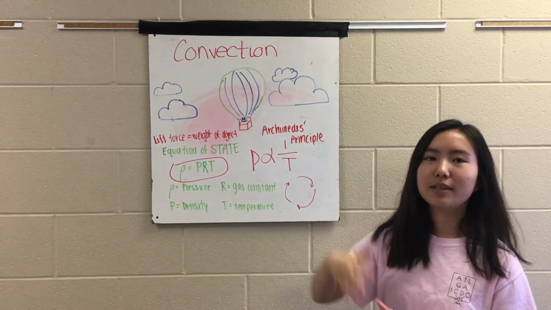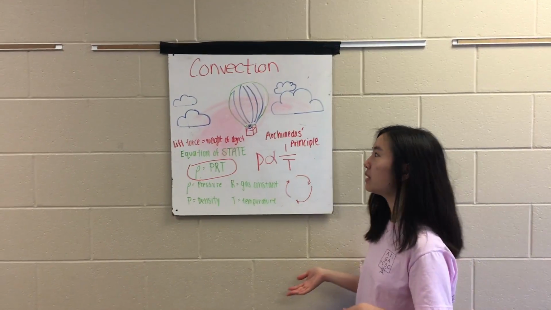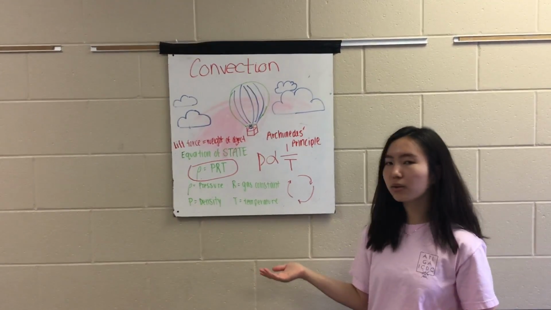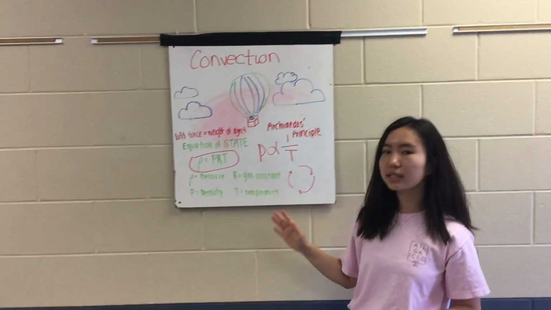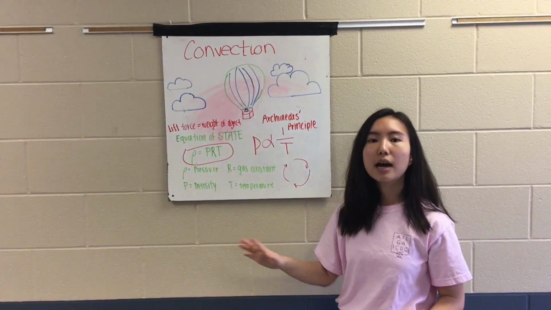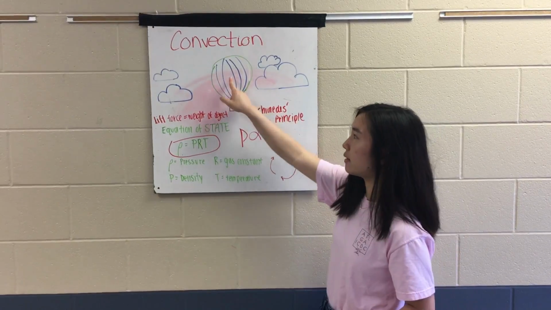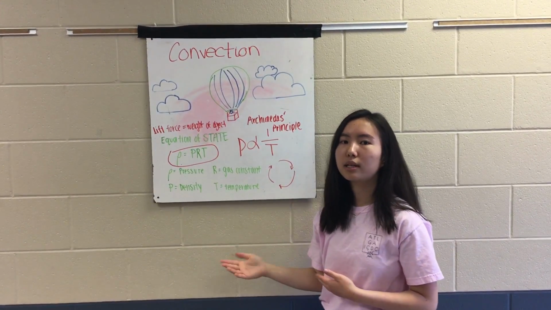So the balloon is able to be lifted up until it reaches a point in the atmosphere where the temperature of the air inside the balloon is equal to the temperature of the surrounding air. As the balloon cools relative to its surroundings, the temperature inside becomes lower than what is surrounding.